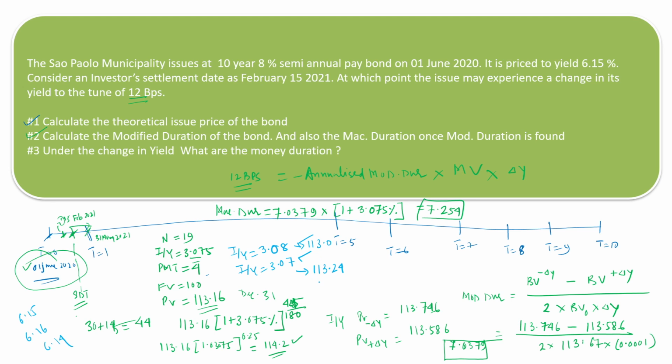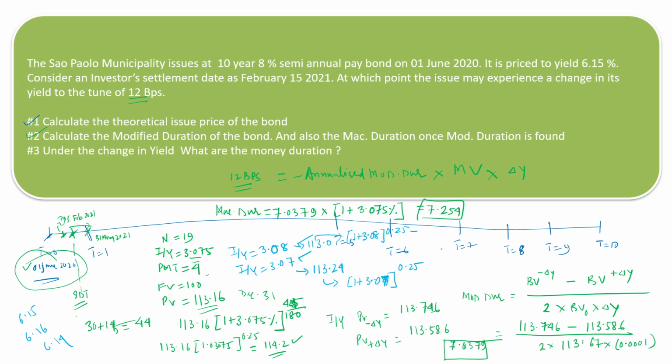We take the projection for the next period. So this will be projected at 1 plus 3.07 to the power 0.25, and this will be projected at 1 plus 3.08 to the power 0.25.